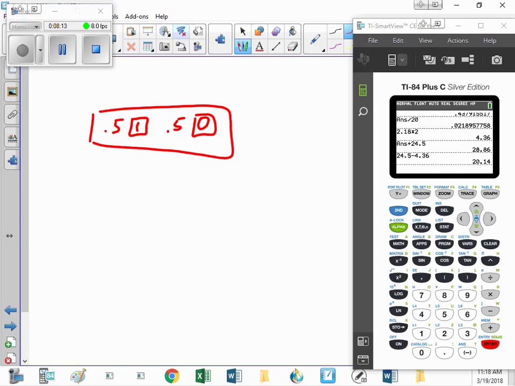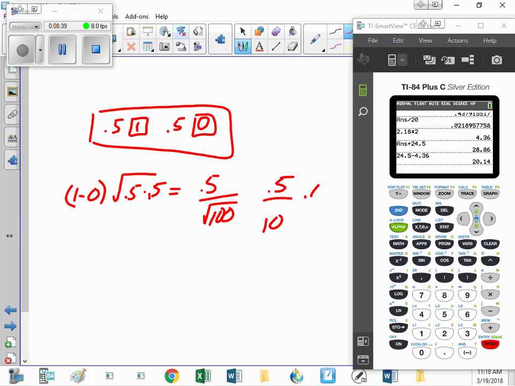No, we're going to calculate probability because we know what's in the box. But the SD is going to be 1 minus 0 times the square root of 0.5 times 0.5, which is 0.5. And now I'm going to divide that by the square root of 100. So 0.5 divided by 10 is 0.05. What does that mean?